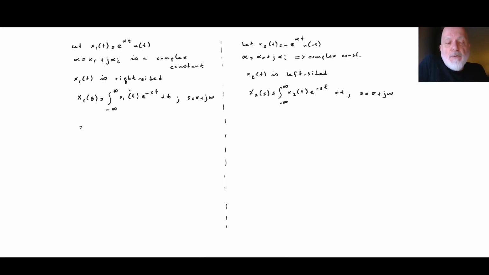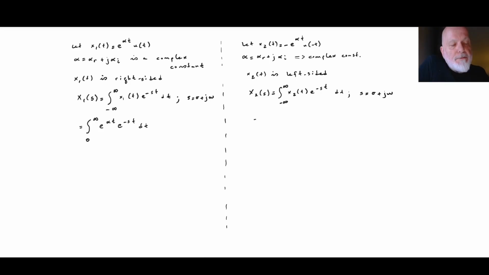Now, we know that x1 of t is e to alpha t u of t. Because of this u of t, the integral will be from 0 to infinity. So it will be e to alpha t, e to minus st integrated with respect to t.